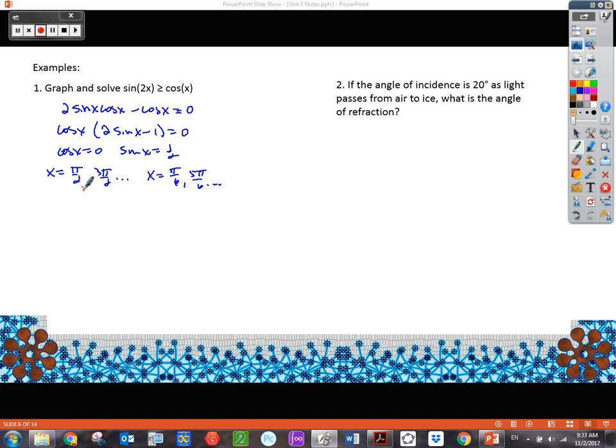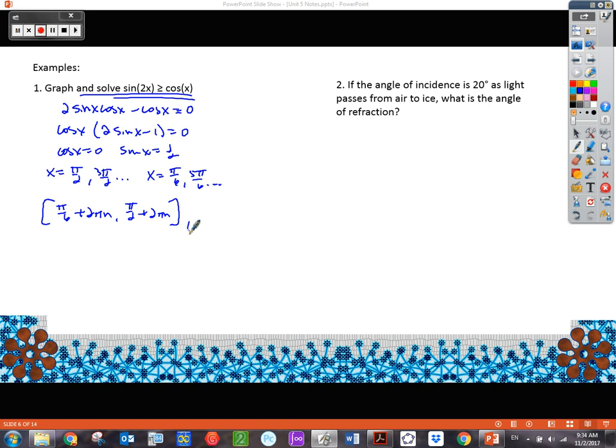Now this one is for all. I have a few on the daily work where it's just an interval that we're solving for, but this one is for all. So the first one is pi over 2, and our period is plus 2 pi n. Really, because I changed all these to single angles, didn't I? They're all single angles, so our normal period for those is 2 pi. So the first interval goes from pi over 6 plus 2 pi n to pi over 2 plus 2 pi n.